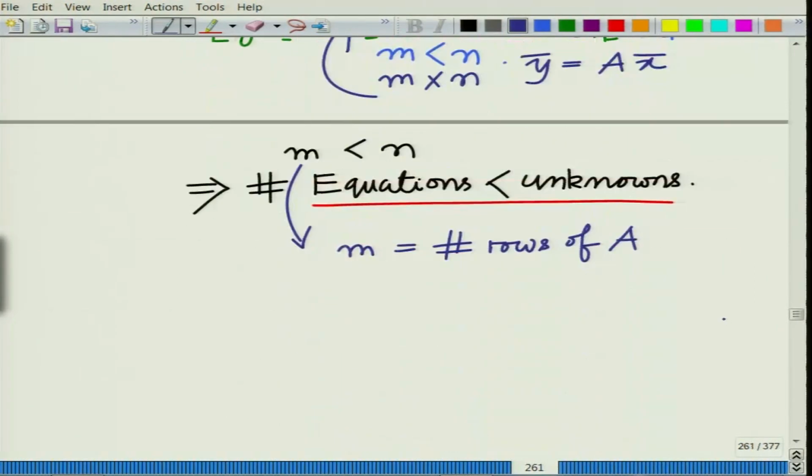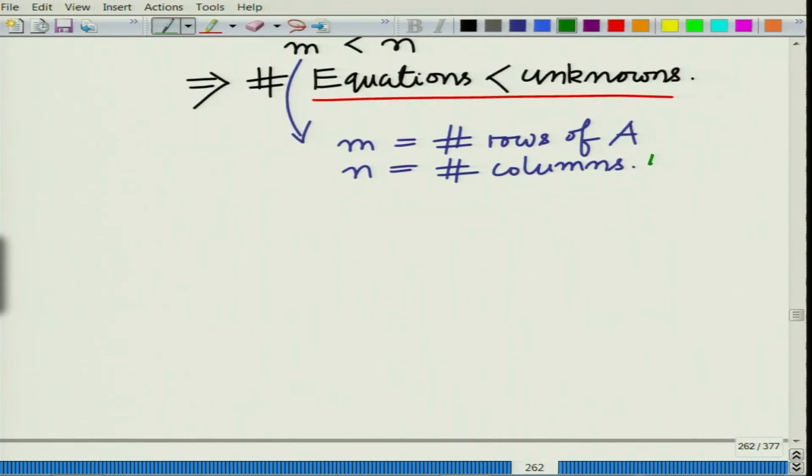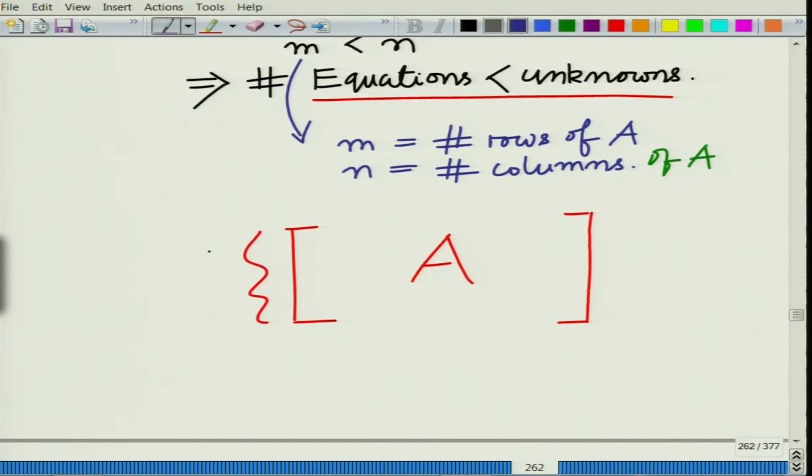You have the matrix A, n equals the number of columns of A. So, if you look at the matrix A, this is the number of rows, and this is the number of columns.